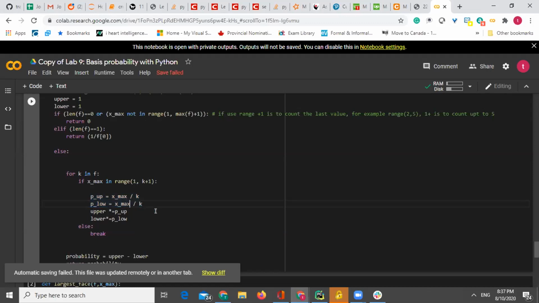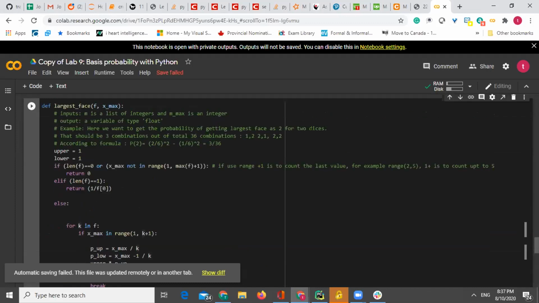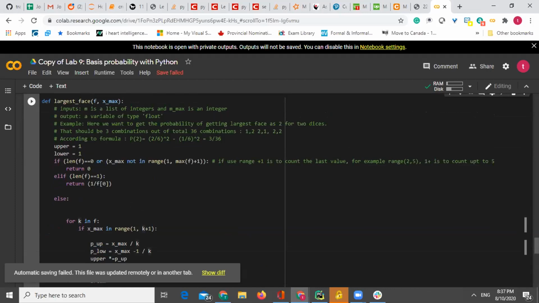Okay, this one, right? Let me see. So P up is equal x max minus k. Okay, what is k? Oh, but then we don't have the value k. You don't have what? The value k. It is what I use for my loop, for k in f. Oh, okay.